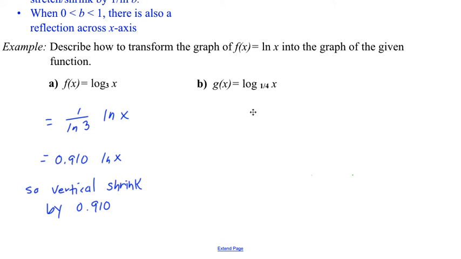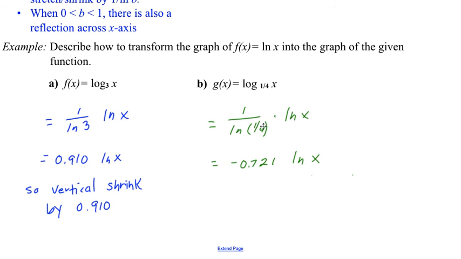All right, this one actually has 2 transformations, okay? So you're going to go ahead and write this one. It's 1 over the natural log of 1/4 multiplied by the natural log of x, same format using that change of base formula. Evaluate the natural log of 0.25 on your calculator and take the reciprocal. You get a constant value, a number of negative 0.721.